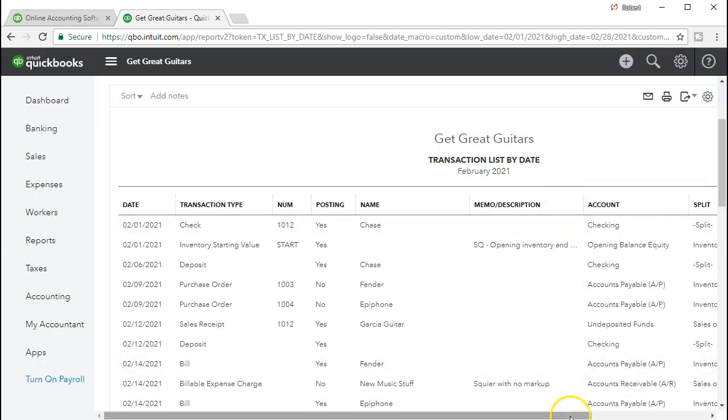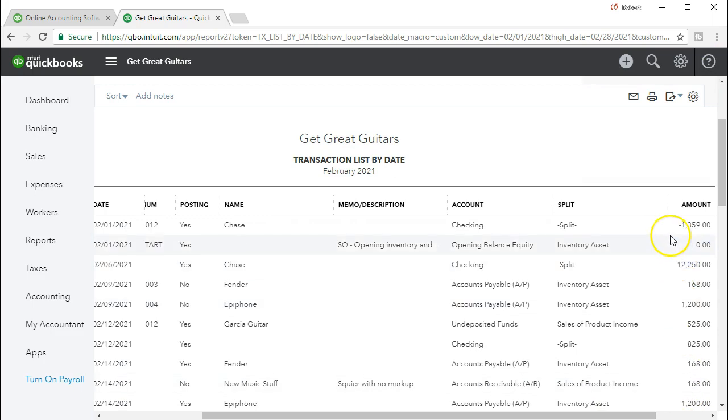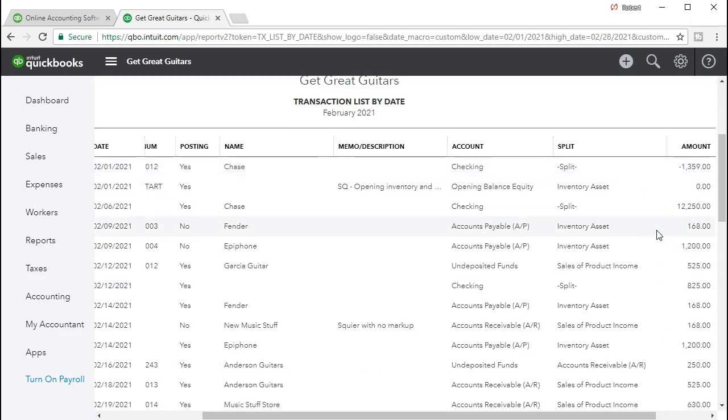So I'll scroll through here, and you can just take a look at the numbers and just tick and tie these out if you're working through the problem to your numbers. Run this report and see if you can just click this off here and tick it off to your side. And if there's anything on this report that is not on your report, then you want to consider if it's a date problem, and then we can try to add it.